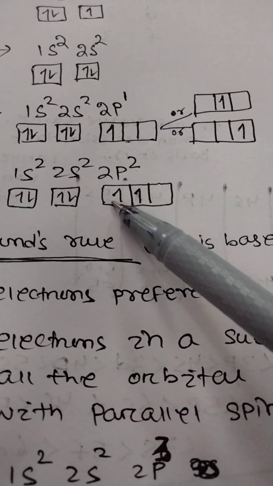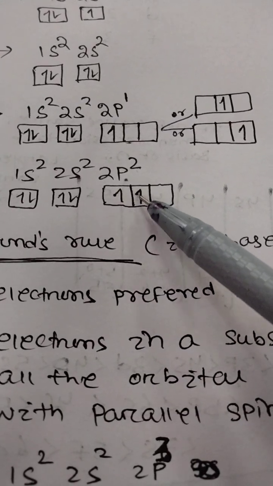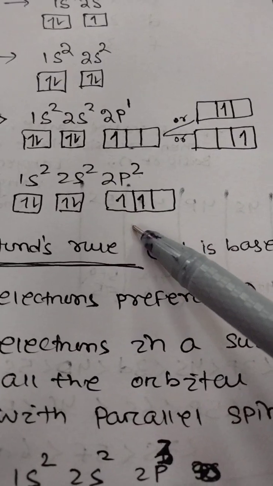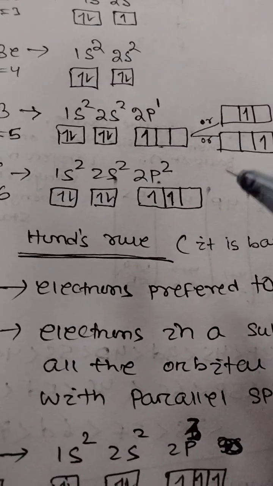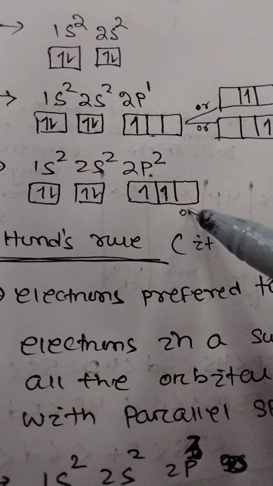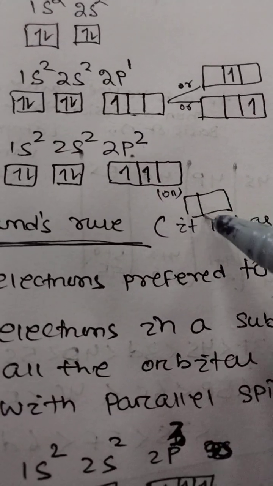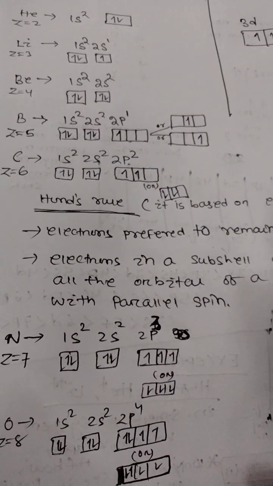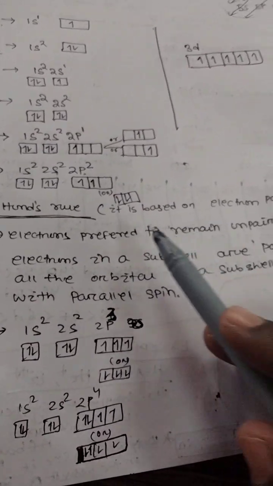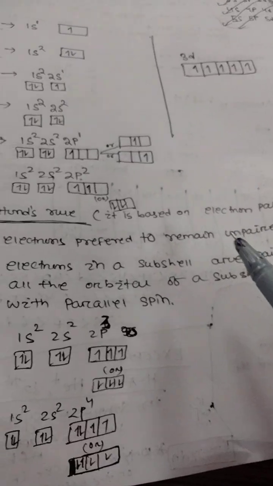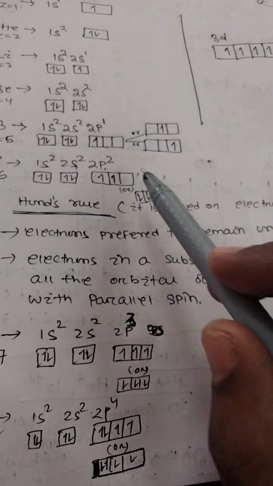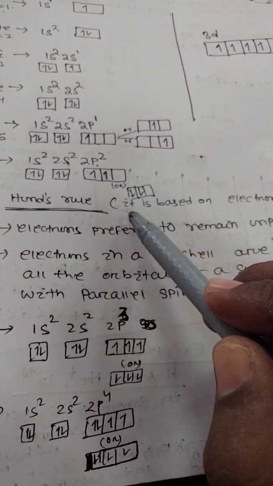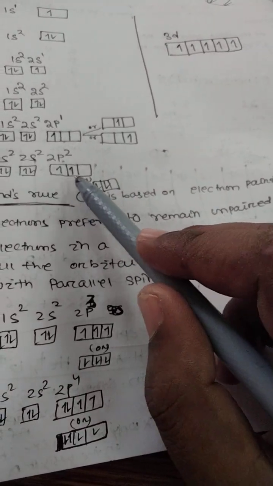So these two electrons can be arranged in a parallel way or in an anti-parallel way, like this or like this. Hund's rule is based on the pairing of electrons in these orbitals.